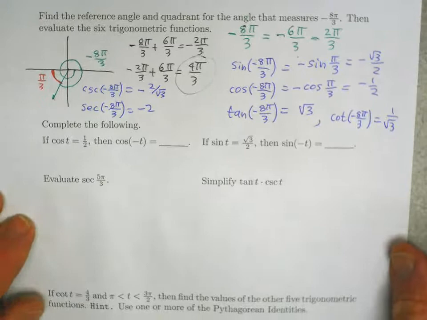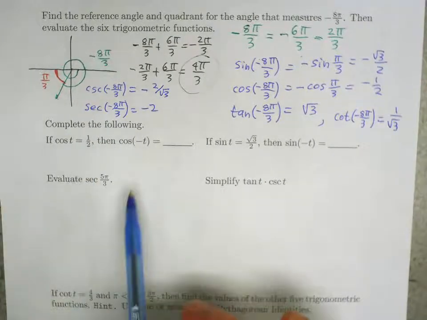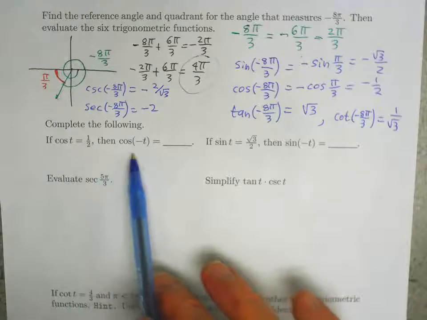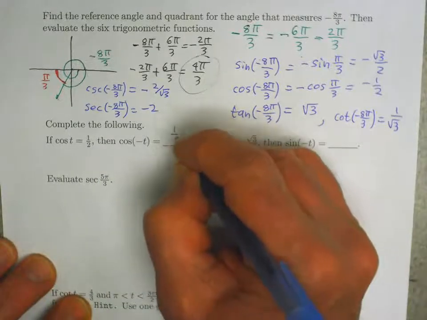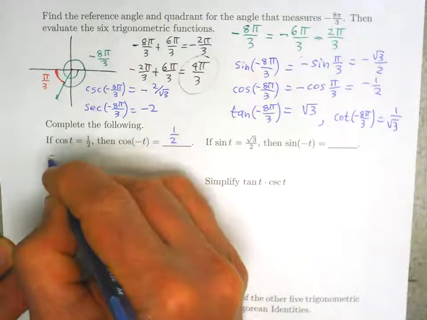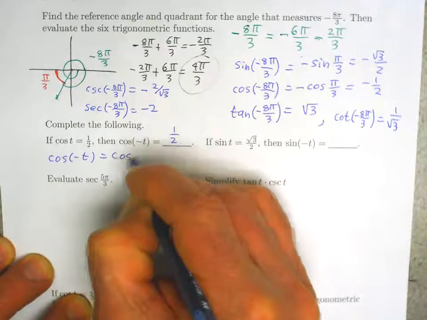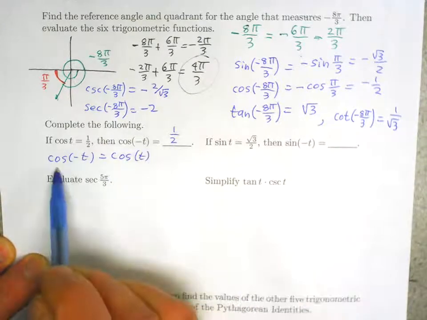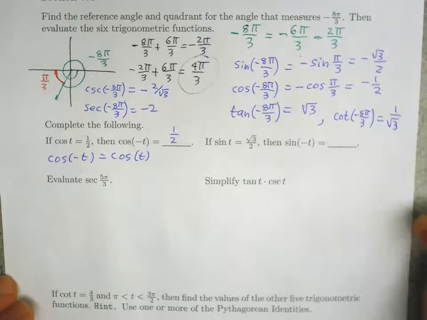Okay, the next exercise: if cosine of t is equal to 1/2, then cosine of negative t equals 1/2, because cosine of negative t equals cosine of t. This is due to the fact that the cosine function is even.